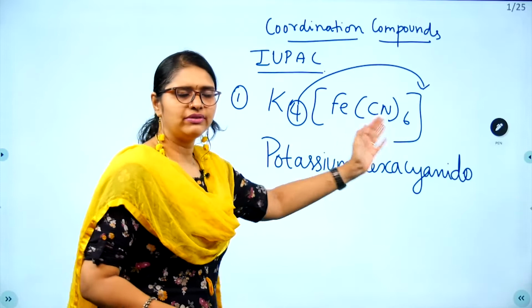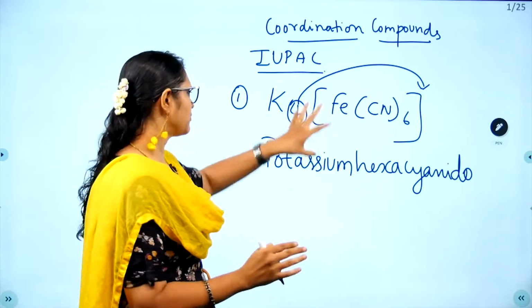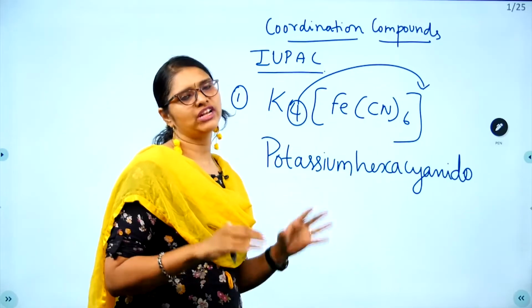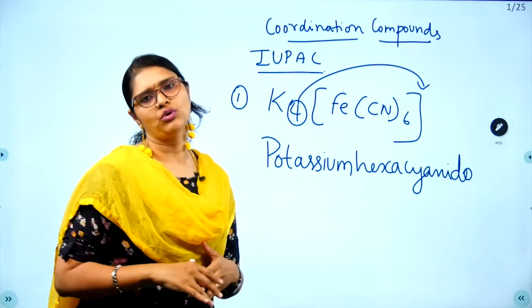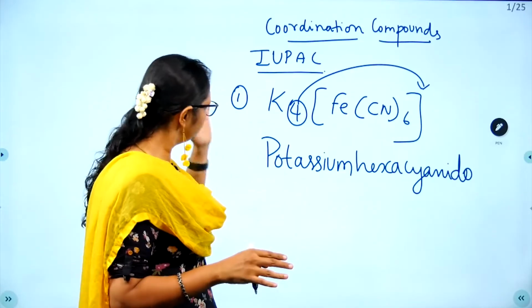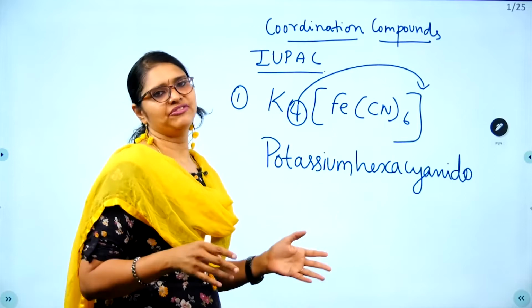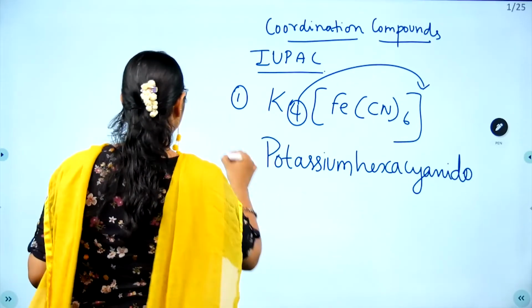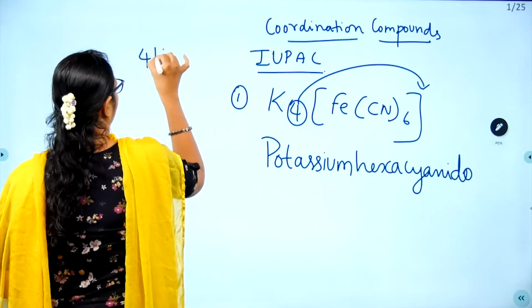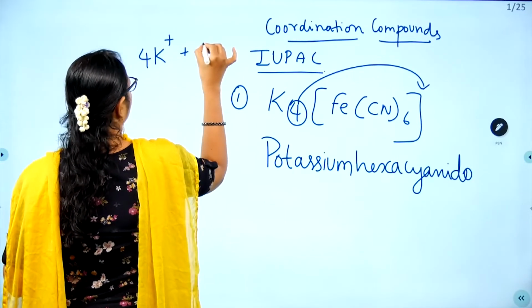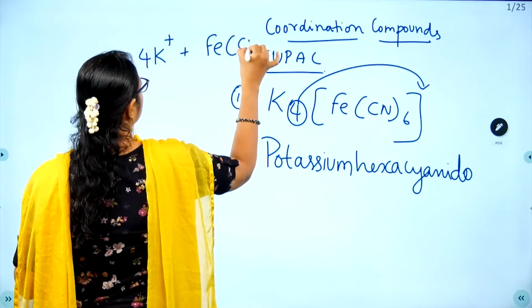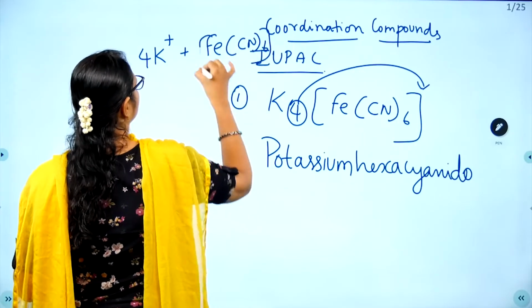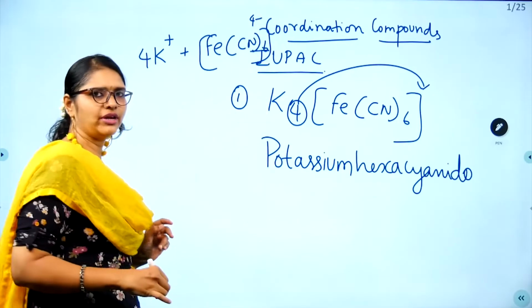When you split this compound, this 4 belongs to the [Fe(CN)6] as 4 minus. When I take this complex and put it inside water, it will split as 4K⁺ and [Fe(CN)6]⁴⁻.